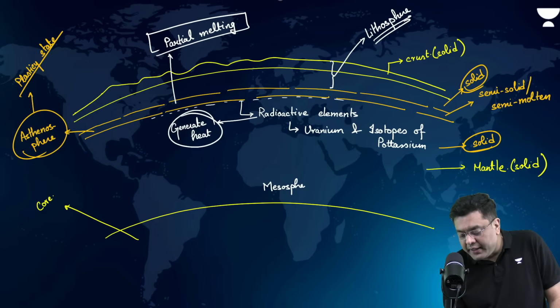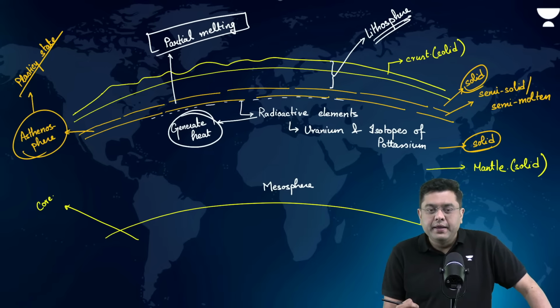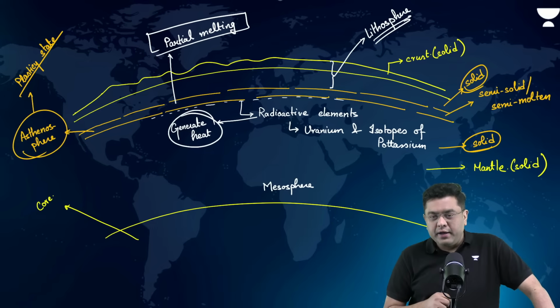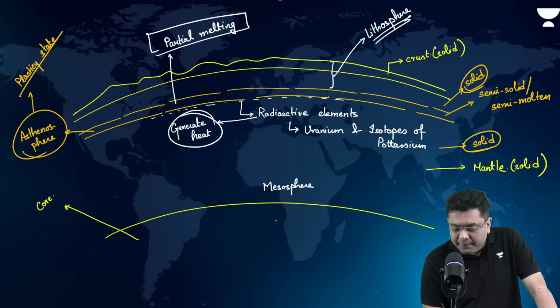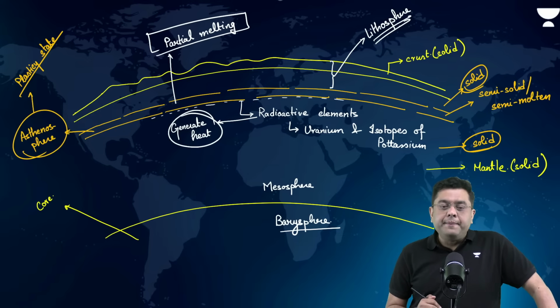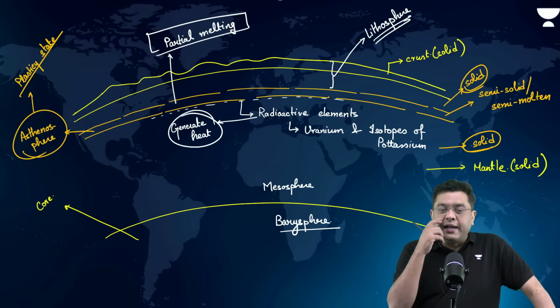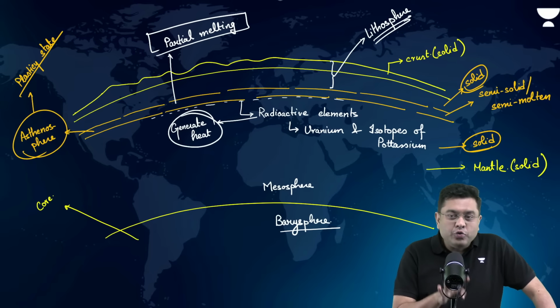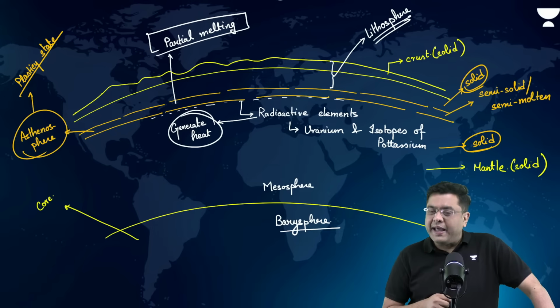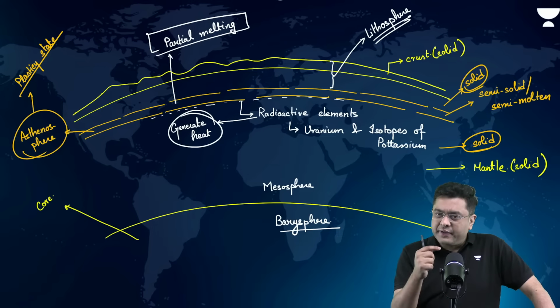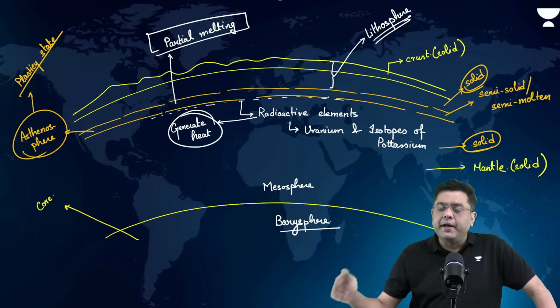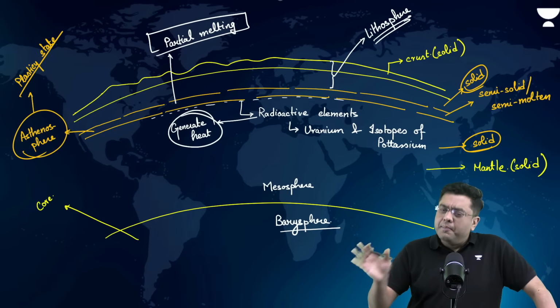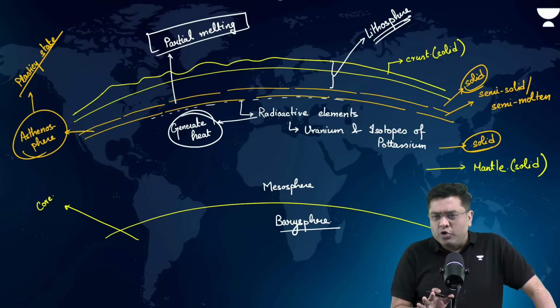There's a mesosphere in the sky as well, but this is your internal portion. And then the molten portion of the core is also referred to as barosphere. So this is the other kind of classification about the interior of planet Earth: lithosphere, asthenosphere, mesosphere, barosphere. But we will stick with crust, mantle, core.